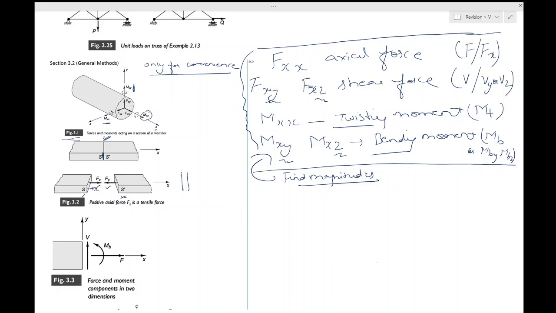So it is positive in both the cases, because in both cases fx acts in a direction which is along the outward normal, and that's why it is positive. So both of them are positive. So this convention must be clear to you, and you have a paragraph in your textbook about this.